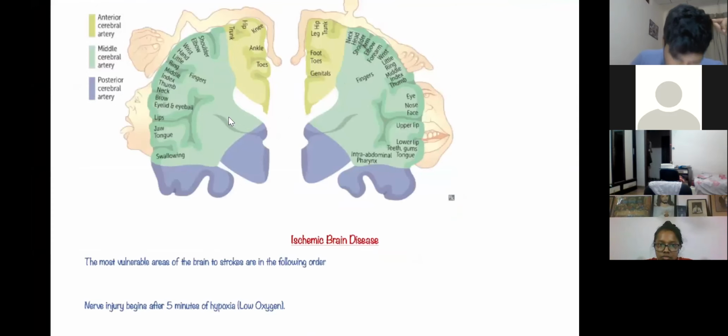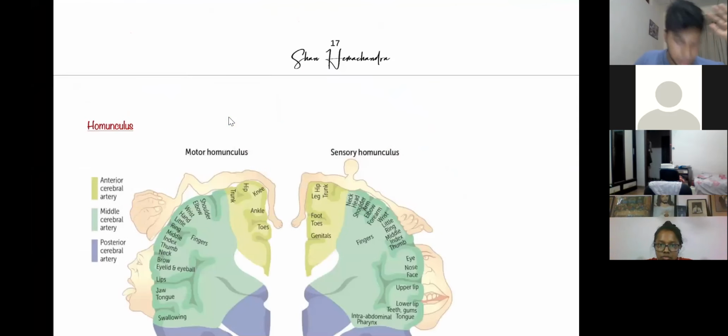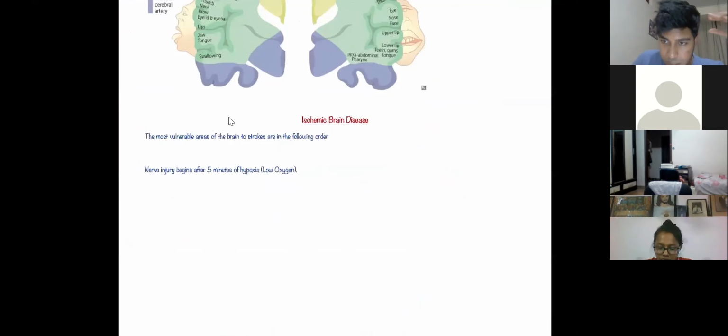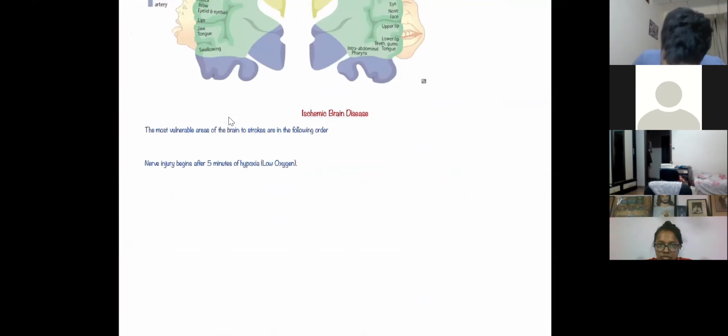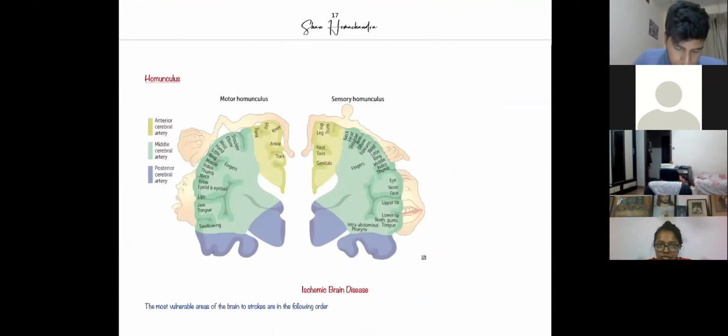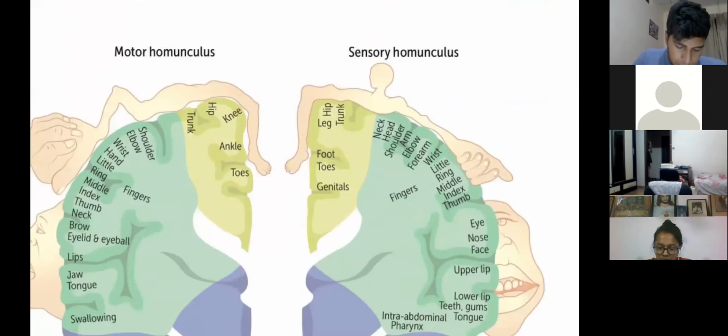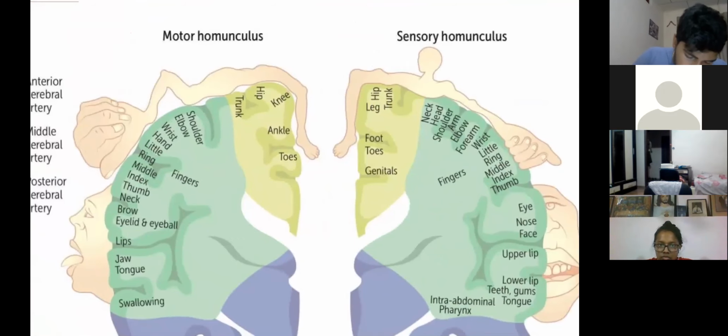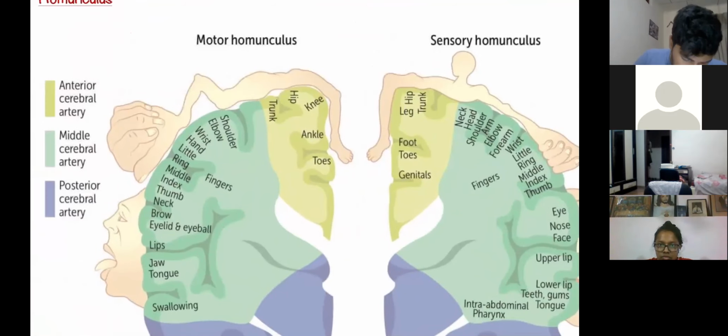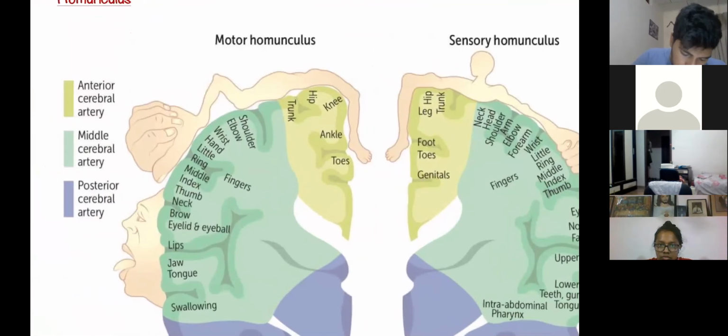Next, we will talk about the diseases, stroke. We are done with the anatomy. First of all, I will come back to this later, but look at this. Consider the motor one because it's very similar in the sensory one.